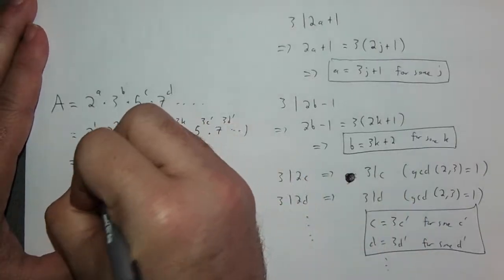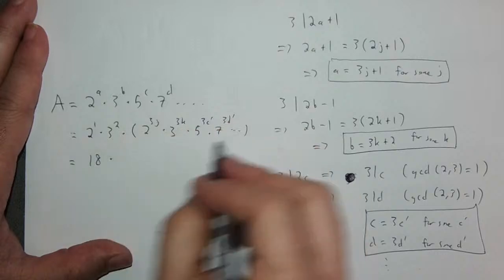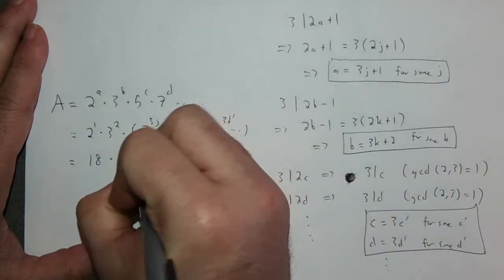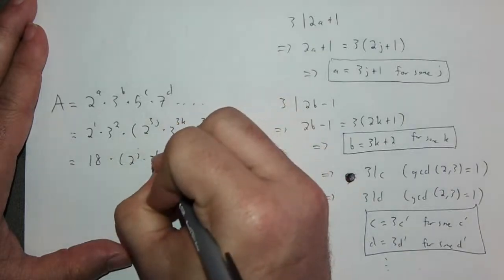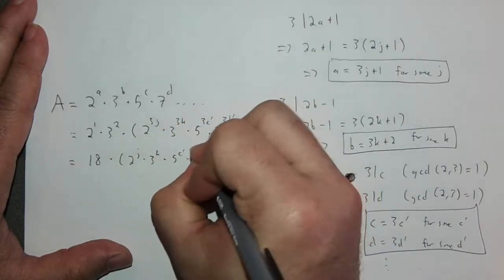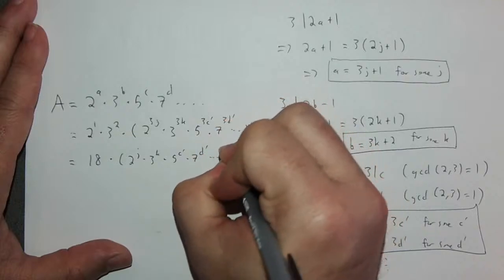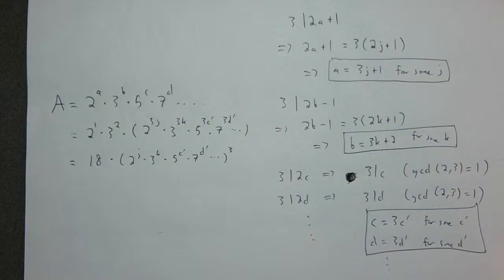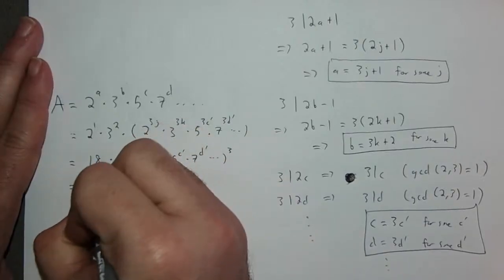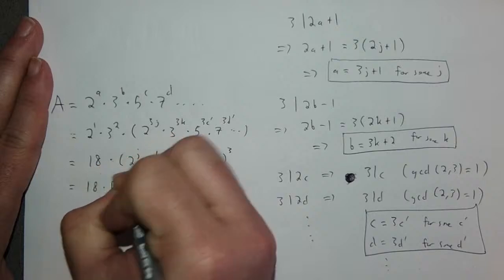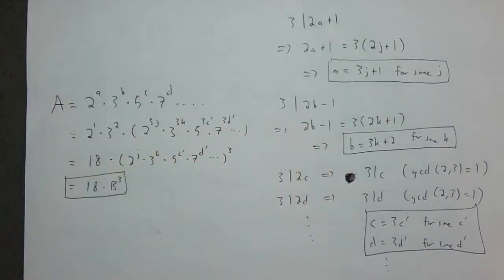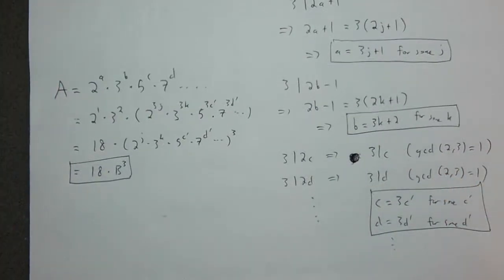And so this is 18 times something cubed, right? So 2 to the j times 3 to the k times 5 to the c prime times 7 to the d prime, and all that is cubed. Written more simply, this is 18 times b cubed. All right, so the age is 18 times some integer cubed, and we're going to get a different solution for every choice of integer here.